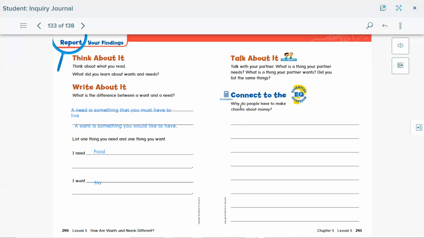Page 245. Why do people have to make choices about money? Because you need to decide between needs and wants. You need to find out, do you buy what you want or what you need? So you need to make choices. So let's write this down.